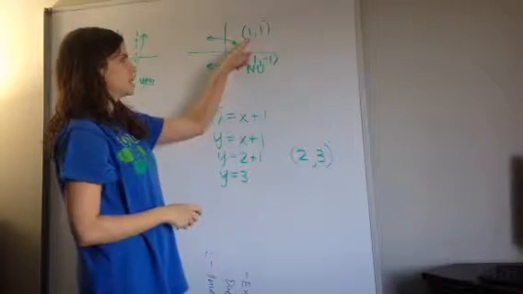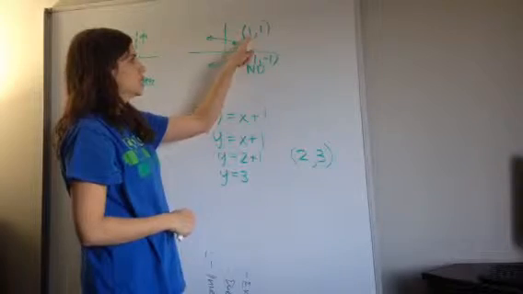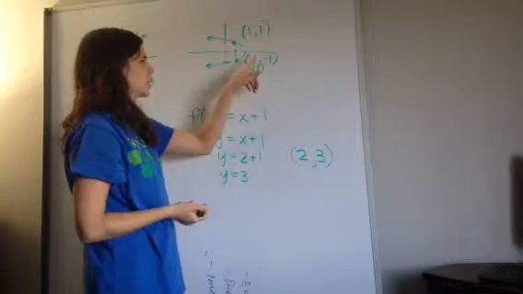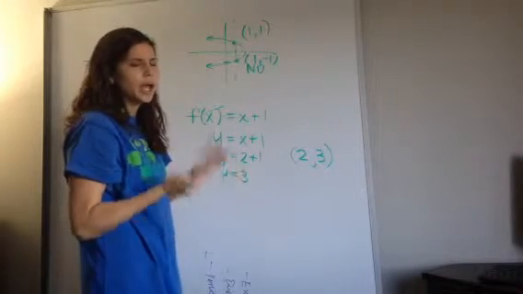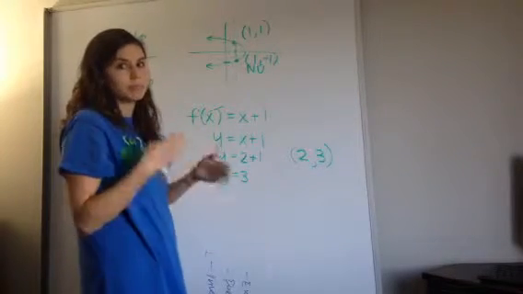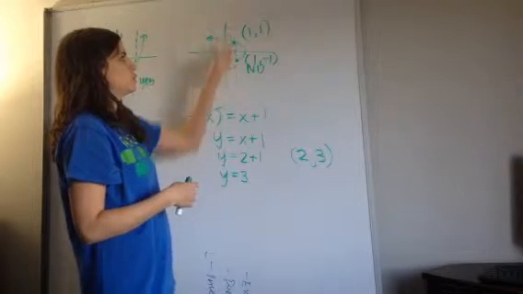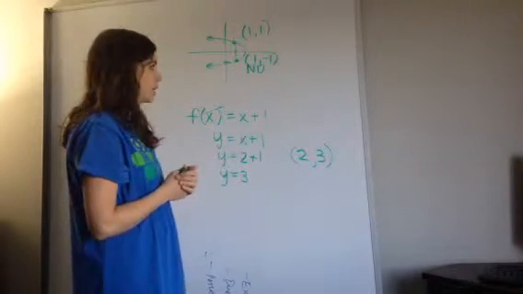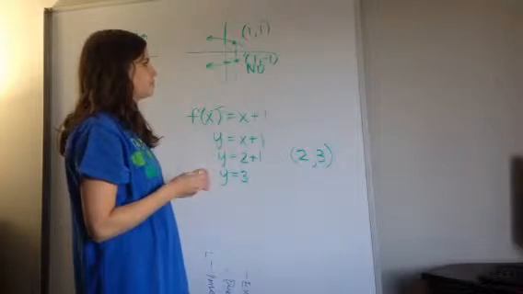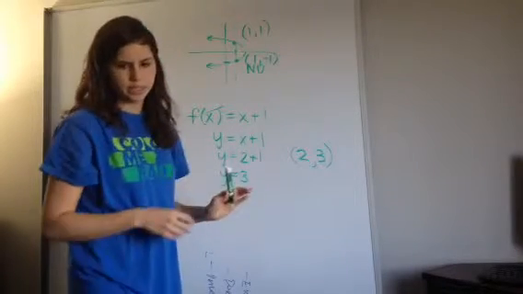Which means, hey, if I plugged in 1 for my function and I got 1, and then all of a sudden I plug in 1 and I get negative 1, that doesn't make sense. If I plug in the same number, I should get the same answer both times. So that's why if you draw a vertical line and it crosses more than once, then it's a no. That cannot be it. And so that kind of explains the why.